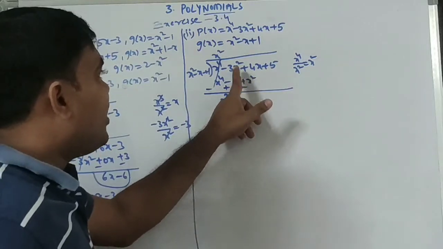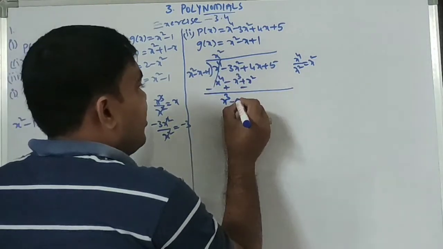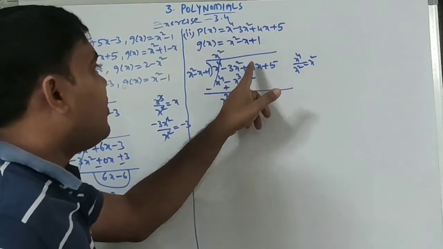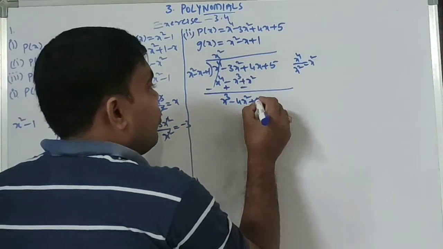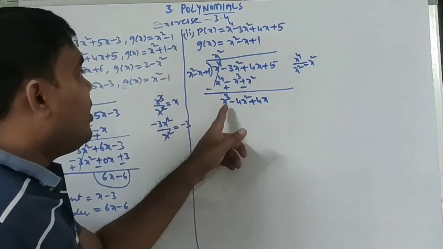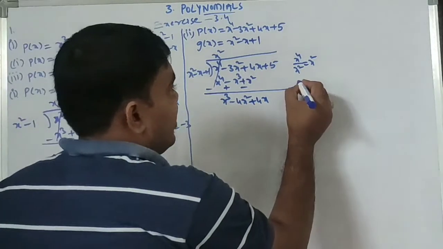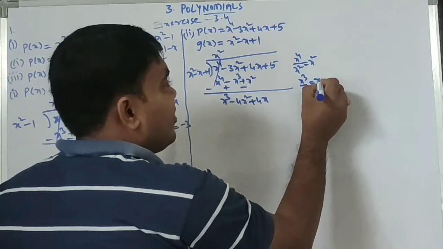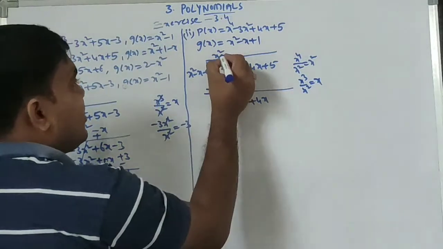This minus x square, minus 3x square, minus 4x square, plus 4x. Now this x cube by x square, dividing, x square cancels, we are getting x.